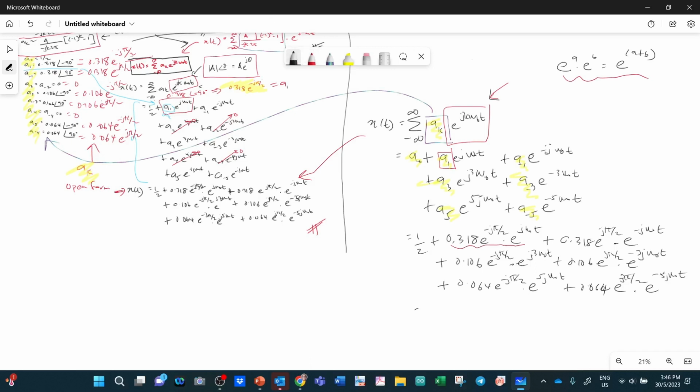So if you expand it, you have 1 over 2 plus 0.318 e to the j(3ω t minus π/2). Do the rest of it on your own until you get the answer. This will be the open form value, x(t). All right, that's all.